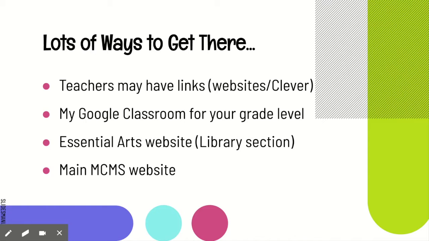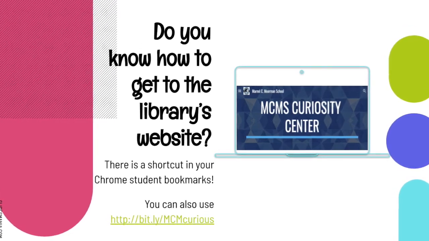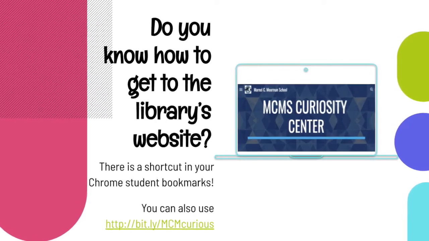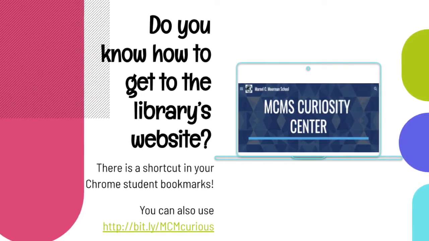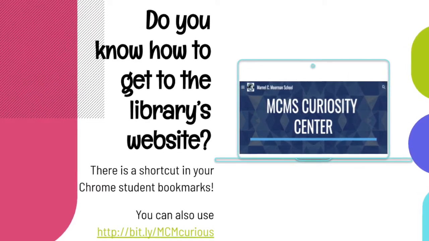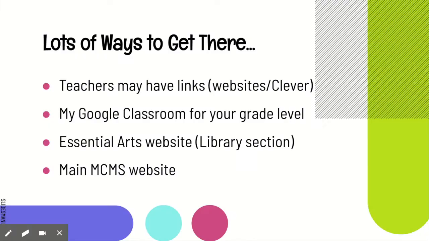There are lots of ways to get to the library website. Teachers may have links on their websites, their grade level websites, in their clever classrooms. Lots of teachers put links to it all over the place. There's also My Google Classroom for your grade level, which you can get to through the Essential Arts website.